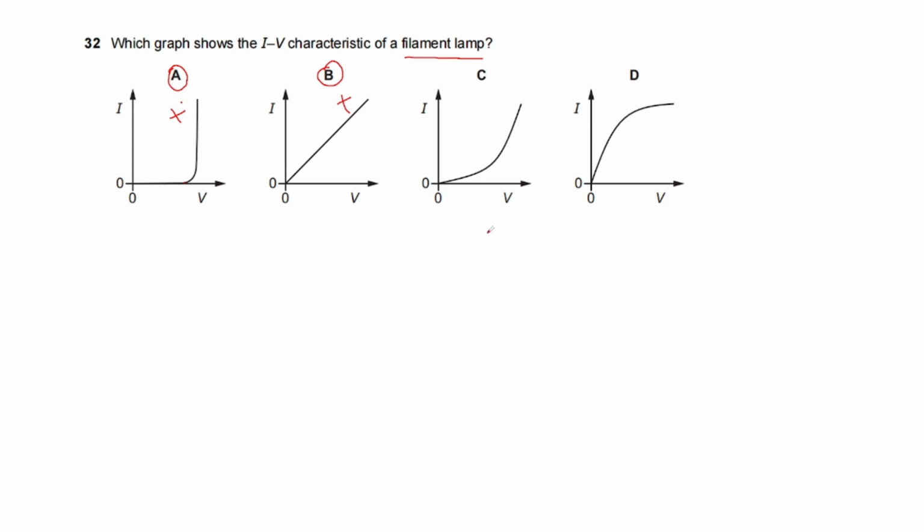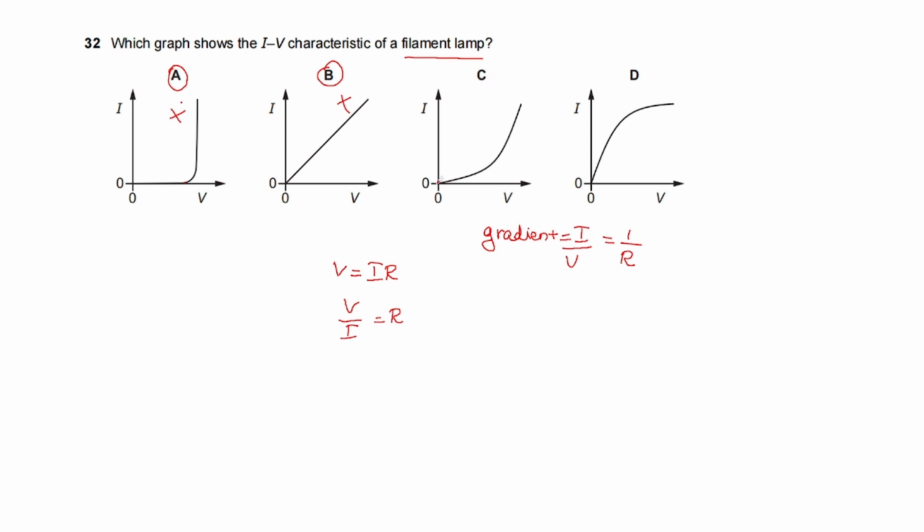The gradient for this graph is current divided by voltage. We know from Ohm's law that V is equal to IR, which means that V over I is the resistance value. Here we have the reciprocal of this, which means that the reciprocal of R is showing the gradient.